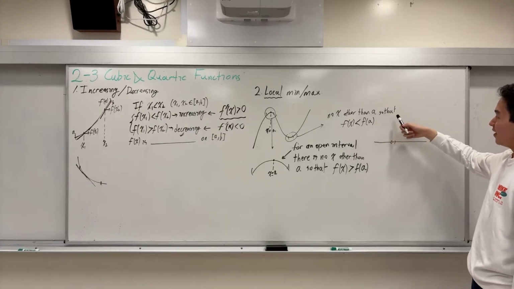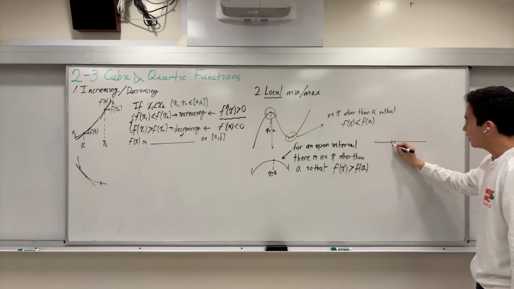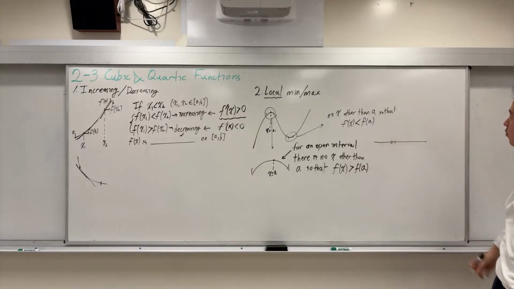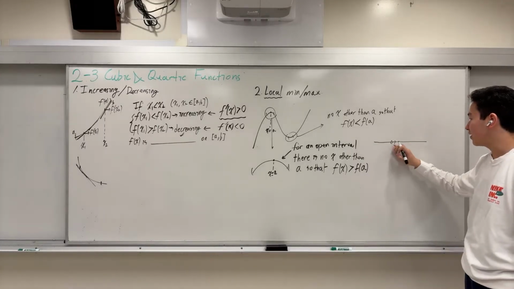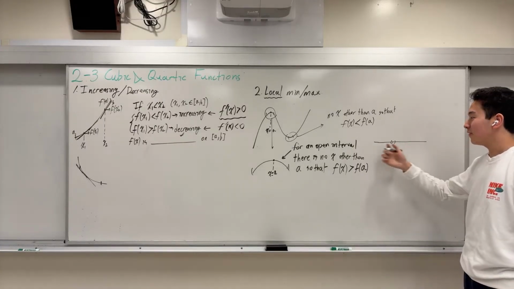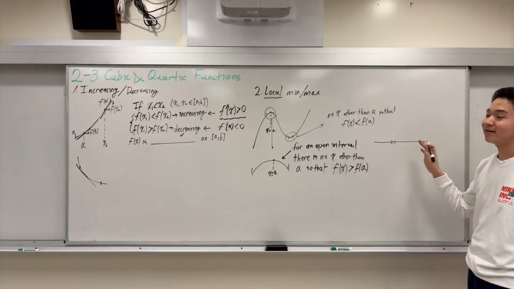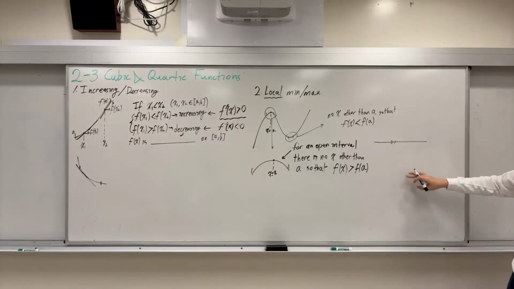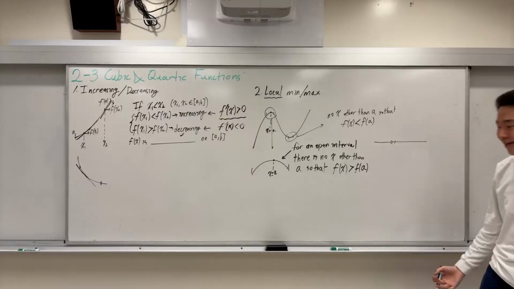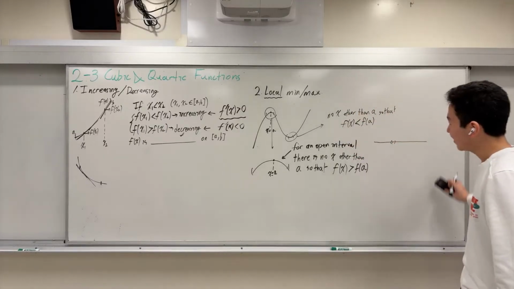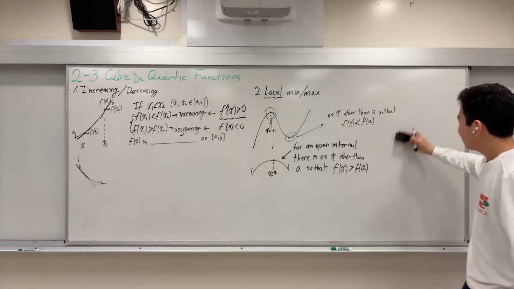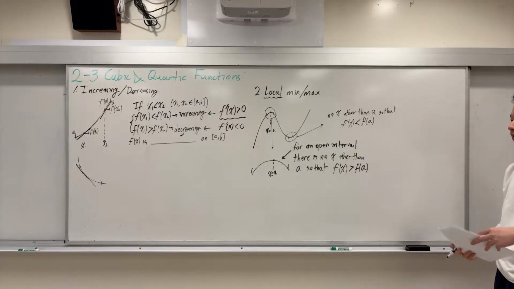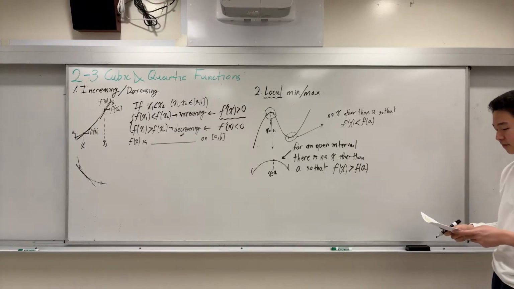No other x value than your chosen point in that small open interval has any larger or smaller value than your function value here. So if the function value is the same everywhere, that technically means that every point on a constant function is a local minimum and maximum, but nobody asks that anyway, so that's just a side note. So these are how they're sort of formally defined here.